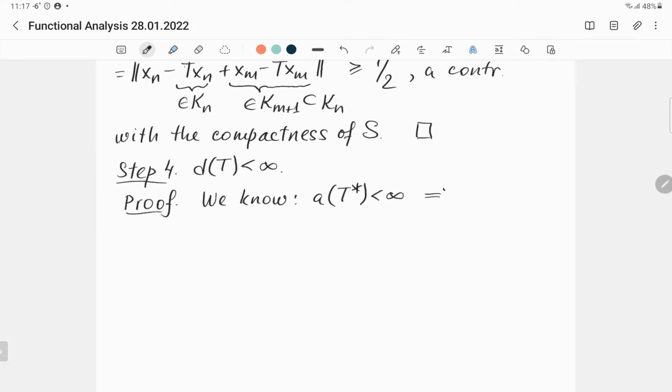And so there exists a non-negative integer n such that the kernel of T star to the power n is equal to the kernel of T star to the power n plus 1.